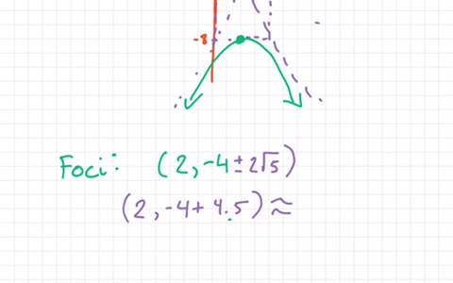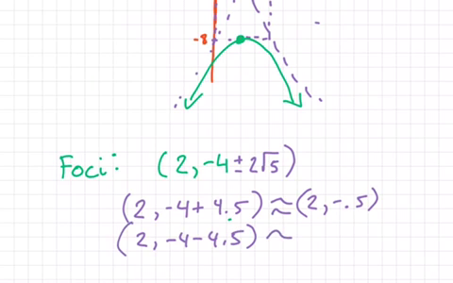So this gives me roughly 2 comma what? Negative 0.5-ish. Okay? And then we'll do the same thing for the other one. We go -4 minus 4.5-ish. And that'll get me roughly 2 comma negative 8.5-ish.